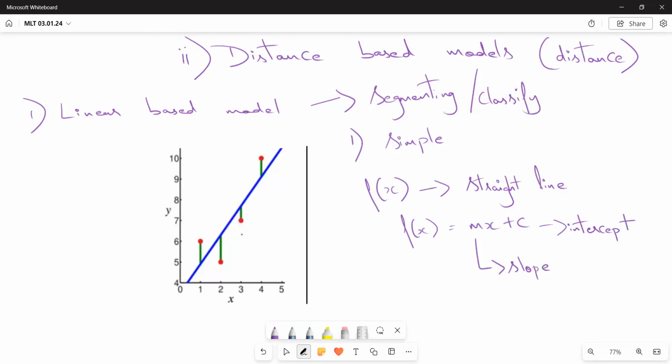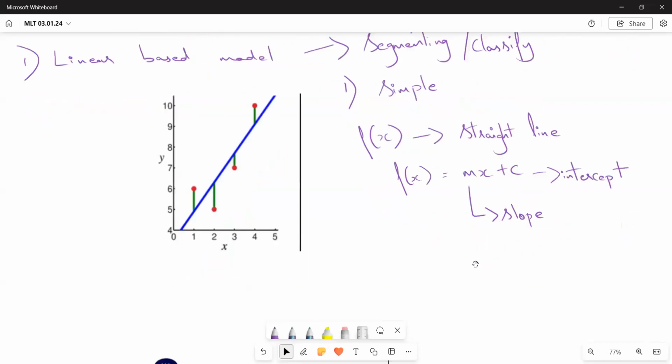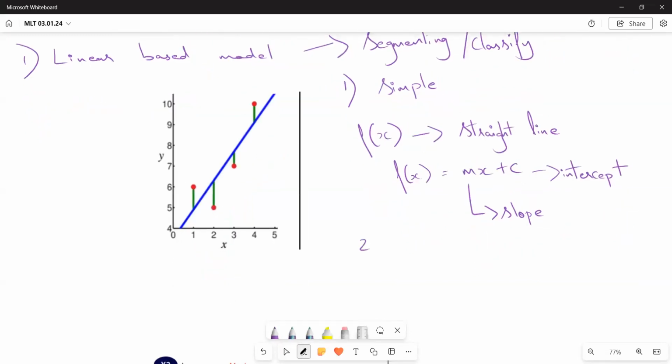Another thing about linear models is that they are simple and stable, and they also have low variance and high bias. These are not just points to note down for your exam, but when you make note of what a particular model does, it helps in practice.